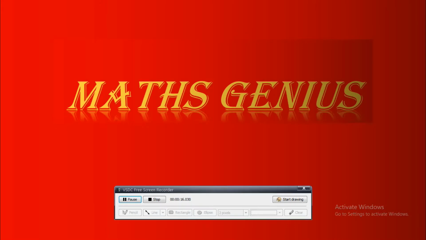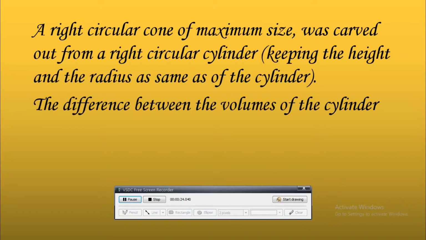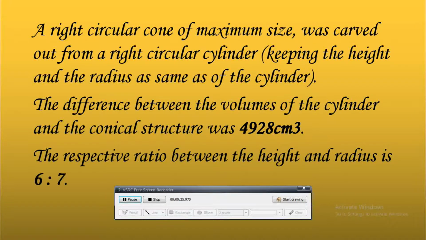Let's get started with a few of the aptitude questions here. First question: a right circular cone of maximum size was carved out of a right circular cylinder. Height and radius of this cylinder are the same.